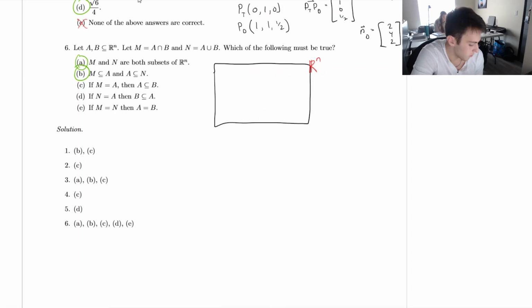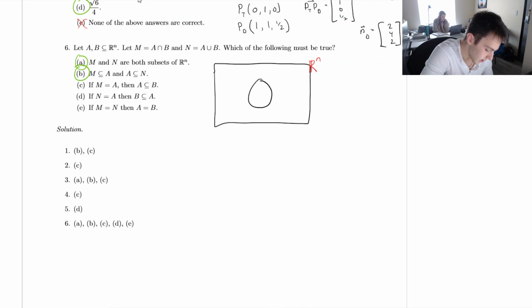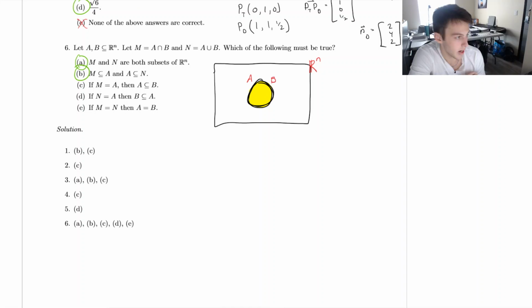If the intersection is equal to A, then the circles kind of have to lie on top of each other, because the intersection must be equal to the circle itself. So if M is equal to A, then A lies right on top of B, so we know that A is a subset of B. So this is true.